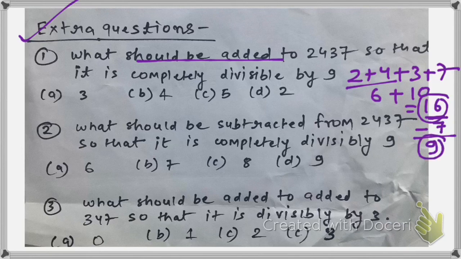So students, we need to subtract 9 from this number. When you do the subtraction from 2437, it will give you 2428. 2428 is completely divisible by 9.